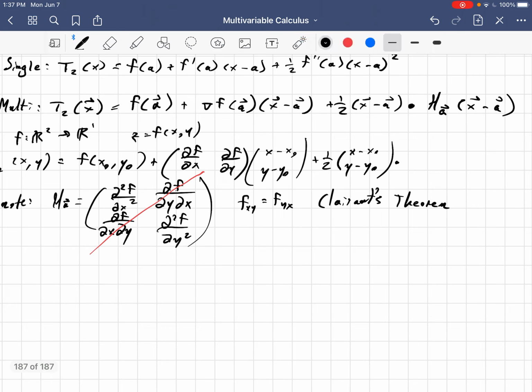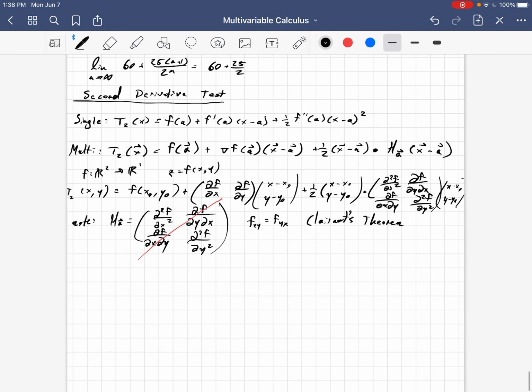Okay, so that matrix now is, again, second partial of f with respect to x, partial of f with respect to x and then y, partial of f with respect to y and then x, or second partial of f with respect to y. And then I'm still going to have to multiply that by x minus x naught, y minus y naught.